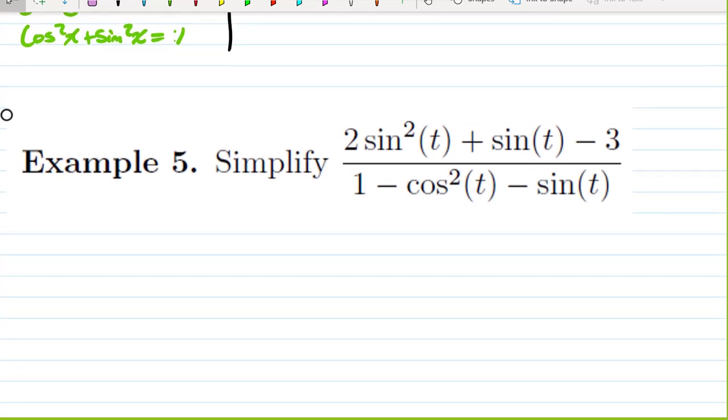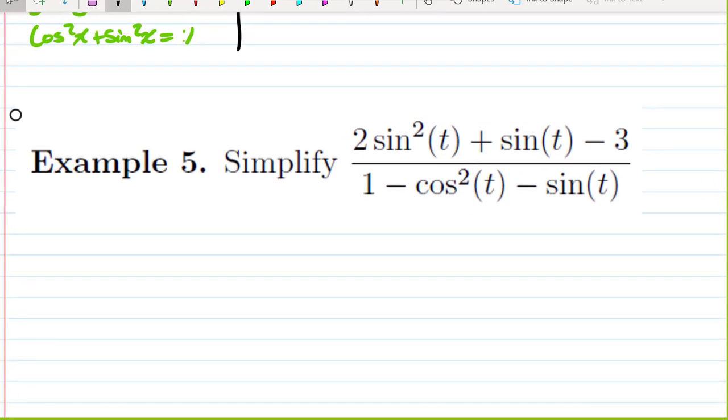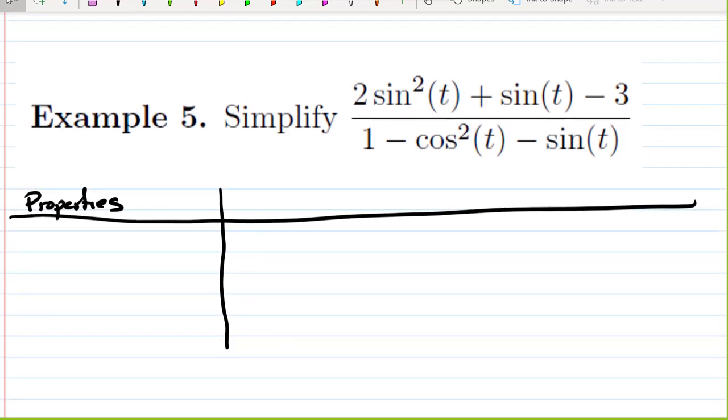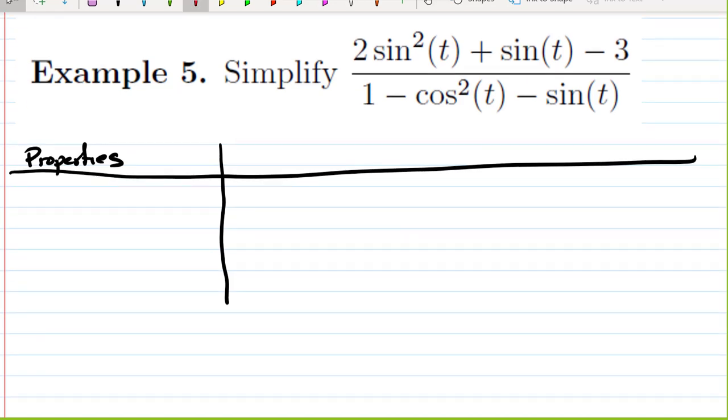Based on what we did in the previous two problems, we're going to need to do some algebra most likely. And let's go ahead and get started. So let's focus on this piece right here for a moment. And we're going to talk about a strategy.